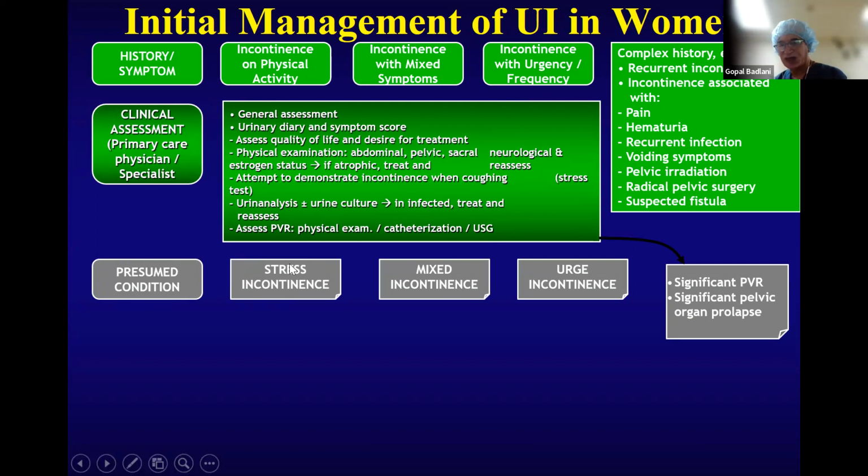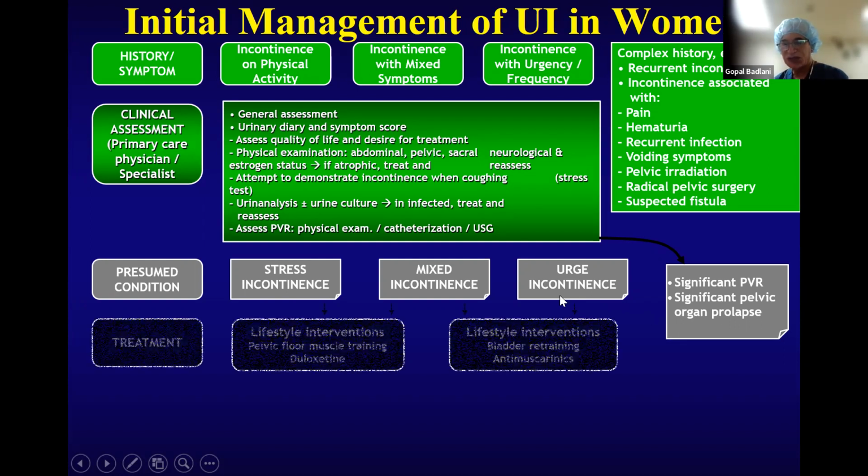The presumptive diagnosis is stress incontinence, mixed incontinence, or urge incontinence. In terms of any complex situation, once again, they get referred out. Most commonly, lifestyle intervention and bladder training is the first step in treatment, changing their behavior.